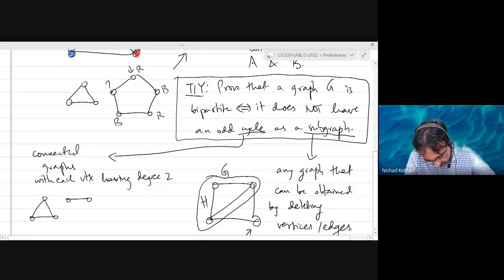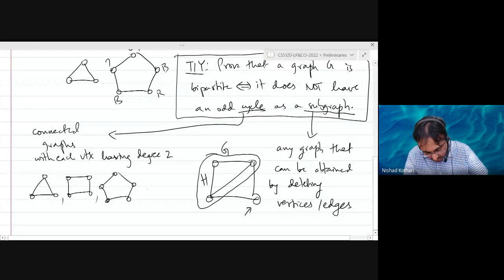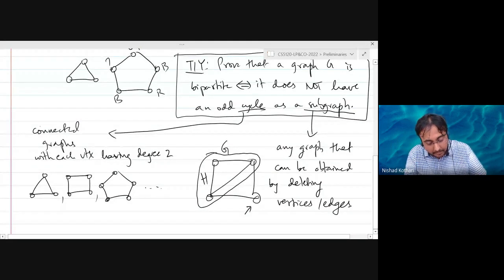Right? These are cycles. The pictorial representation is much clearer, but this is an equivalent way of defining them. And odd cycle just means that there is an odd number of vertices or an odd number of edges, because the number of vertices is equal to the number of edges. So these two are odd cycles, whereas this is an even cycle.